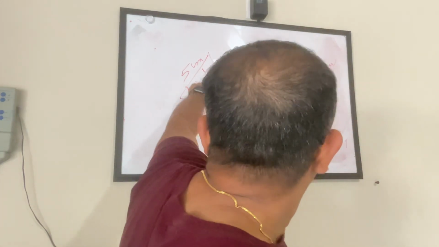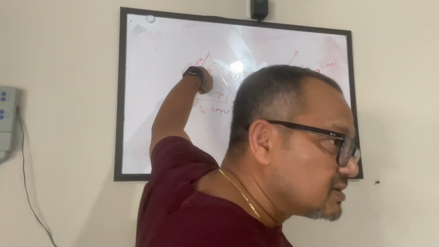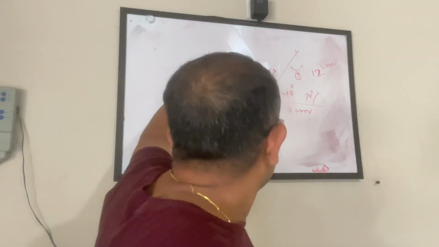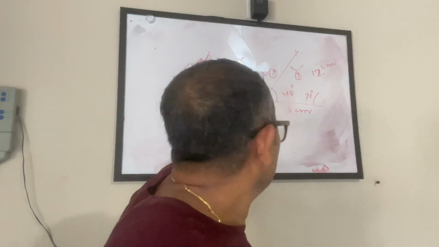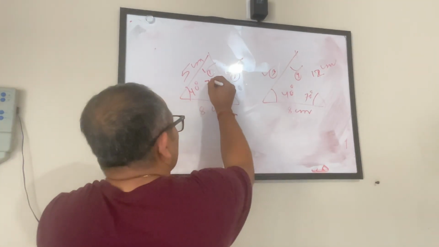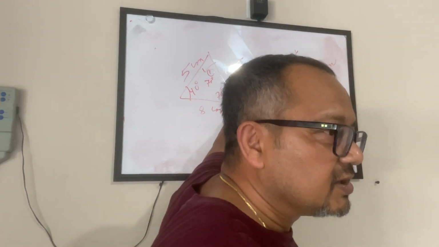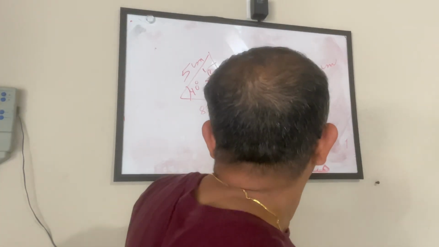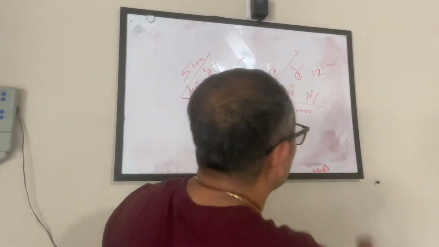What is 1? The angle is 70. Okay. What is this one? I can't see the whole thing properly.